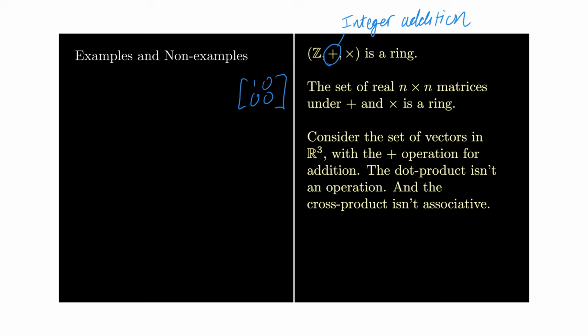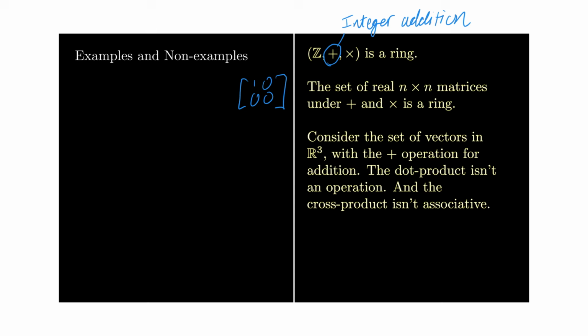What about another multiplication operation, the cross product? Well, that is an operation. You take 2 vectors in R3, you cross them, you get another vector in R3. So at least it's an operation. But then what about the various properties? Well, this operation is not even associative, and you can demonstrate it for yourself if you care to.